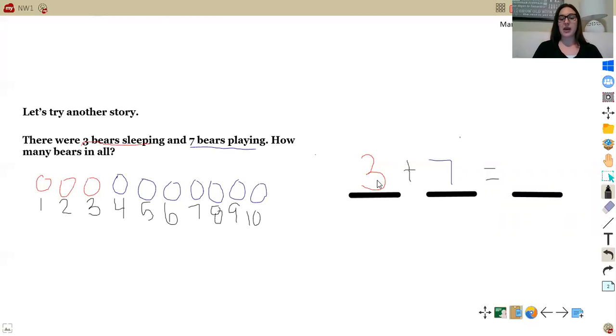So that tells me that 3 plus 7 equals 10, or 3 and 7 make 10. When I have 3 and I add 7, I get 10. 3 plus 7 more make 10.